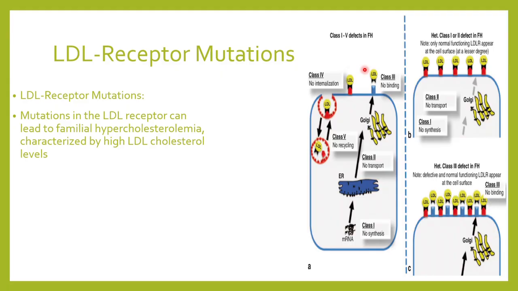If there is a certain mutation in the LDL receptors, we can have issues, for example familial hypercholesterolemia, wherein if there is no proper internalization or binding, then it can cause problems. So LDL receptor mutation can be one of the causes of increased cholesterol levels.